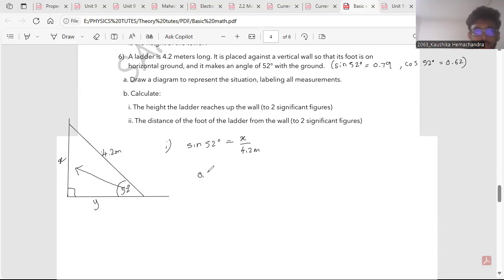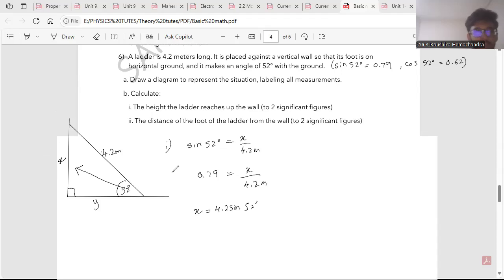Sine 52 is 0.79, equals x over 4.2 meters. When you practice more, you can straight away write x equals 4.2 sine 52.